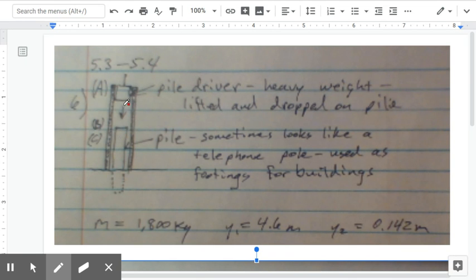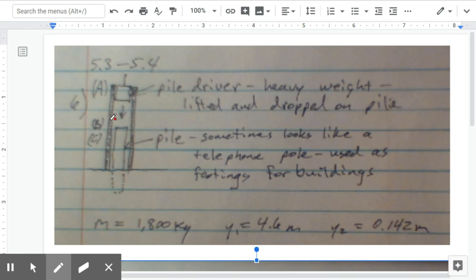Now we could solve this in another light, and consider the energy it has right here. We could call it 1/2 mv squared, but then to calculate v, we would use the potential energy at the top. It would have that kinetic energy at point B, but it would also have a little bit of gravitational potential energy left because it's going to fall another 0.142 meters.